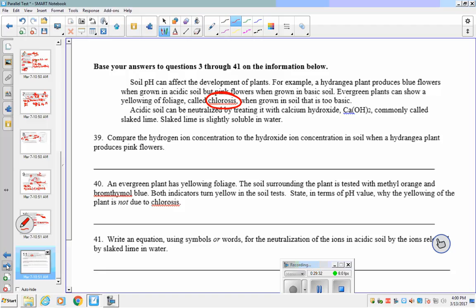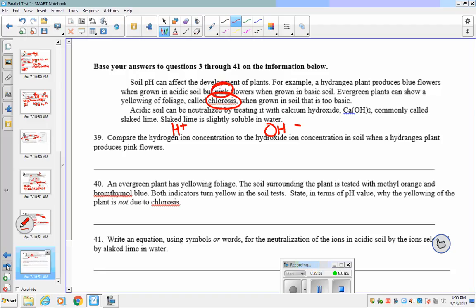39, compare the hydrogen ion concentration to the hydroxide ion concentration in soil when a hydrangea plant produces pink flowers. So we're going to find our hydrangea, where our hydrangea is going to be pink. So blue flowers, pink flowers.